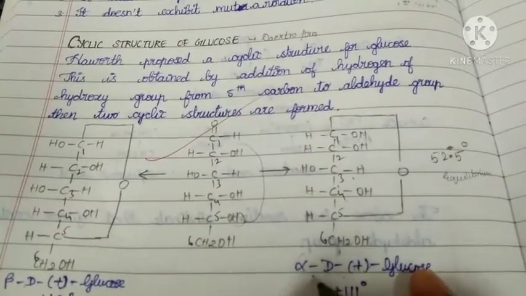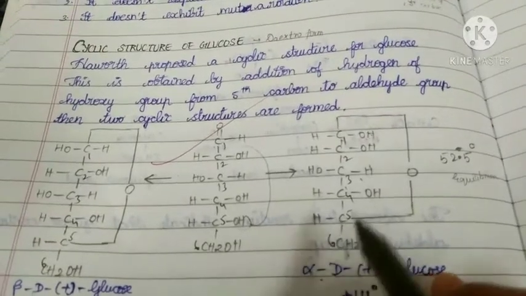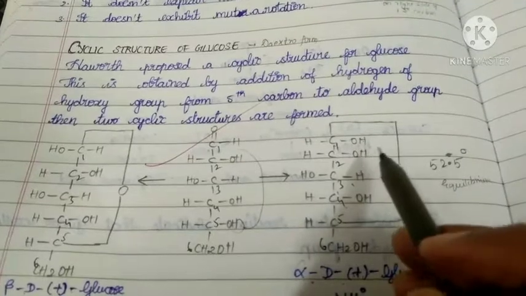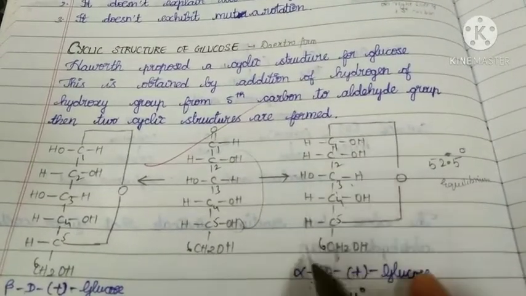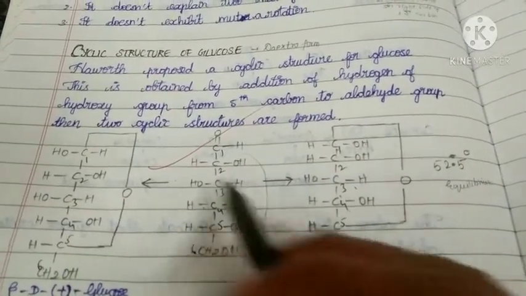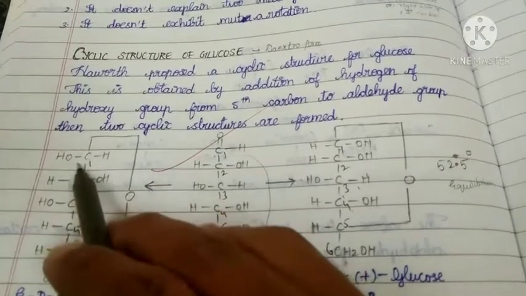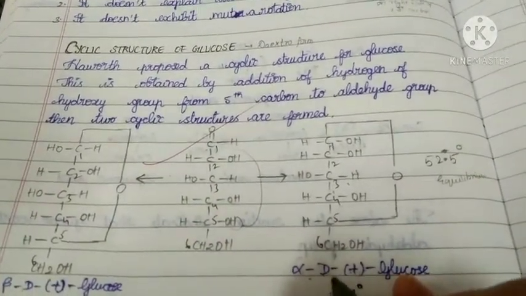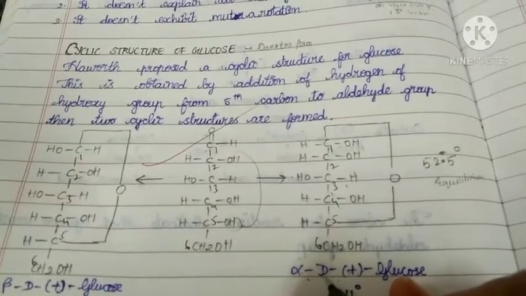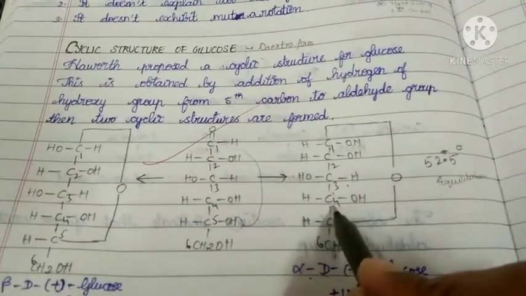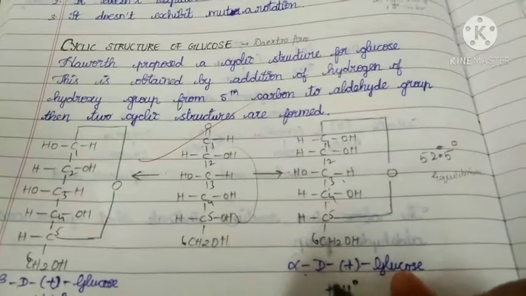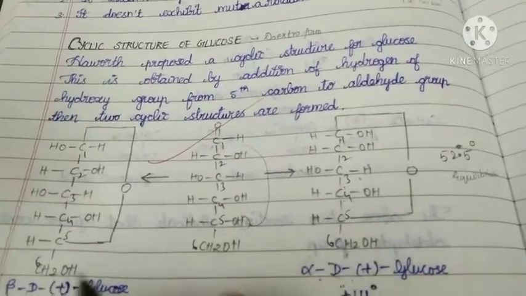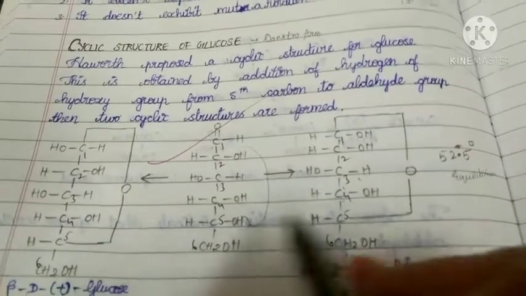This alpha indicates what? This alpha indicates that if the OH group is present on the right side of the first chiral carbon, then that will be alpha. If it is present on the left side of the chiral carbon, that will be beta. D means what? If the OH group is present on the right side of the highest chiral carbon, based on the glyceraldehyde structure, that will be D. Here also OH is present on the right side in both cases.